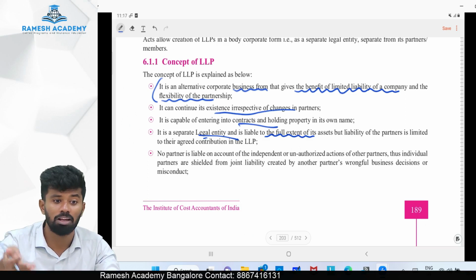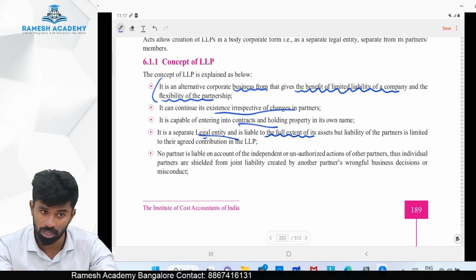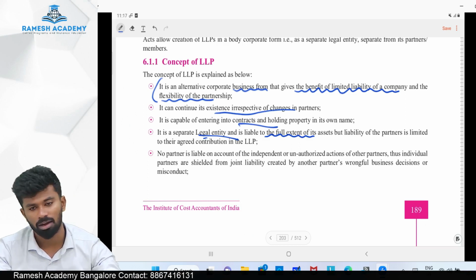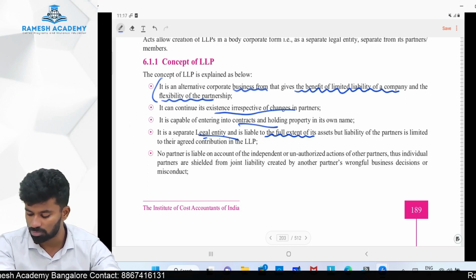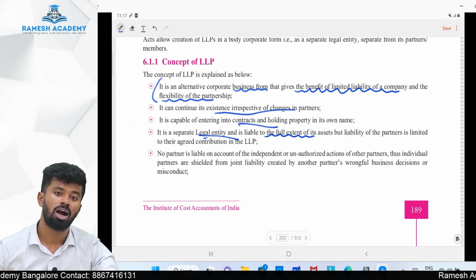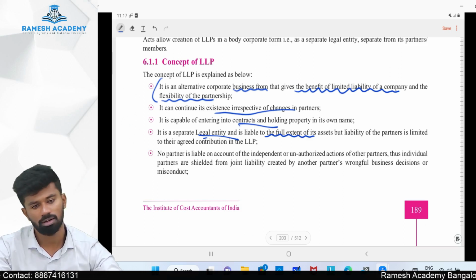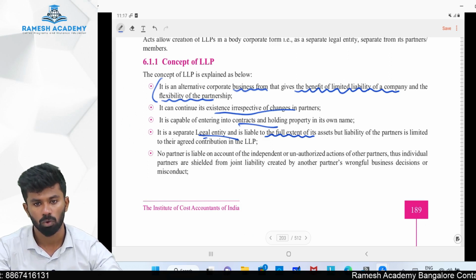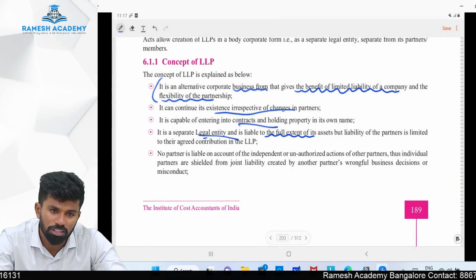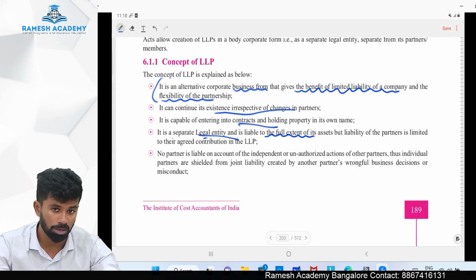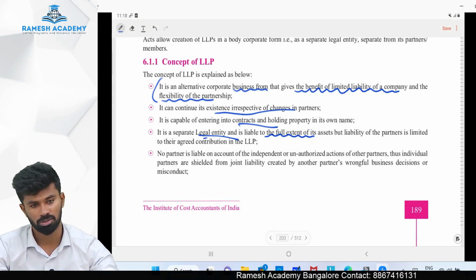But in case of LLP, there is no mutual agency relationship between one partner and another partner. So if a partner does something which is not authorized and beyond his power, who is not responsible? The other partner is not responsible. So these are the unique features or characteristics of LLP. It has the advantage of a company and the flexibility of partnership.